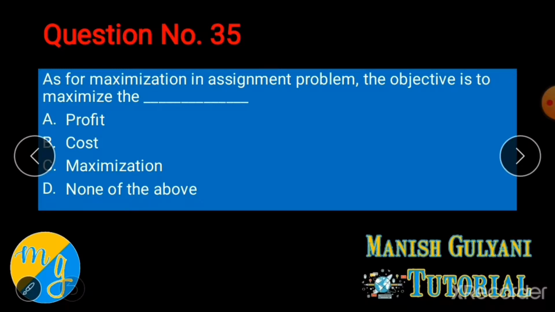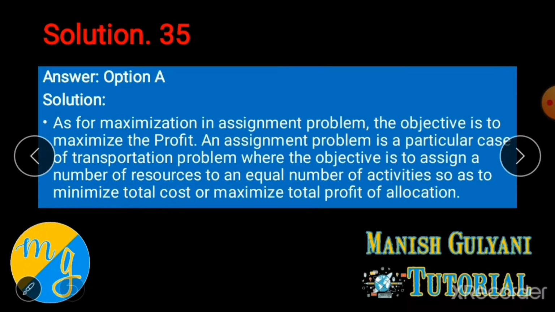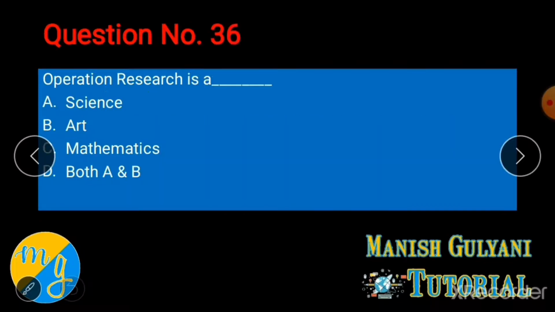Out of these parameters, profit is given in your options. So option A is your correct option. In a maximization assignment problem, the objective is to maximize the profit. If your case is minimization, then the objective is to minimize the cost. So option A is your correct option. Profit is the correct answer.